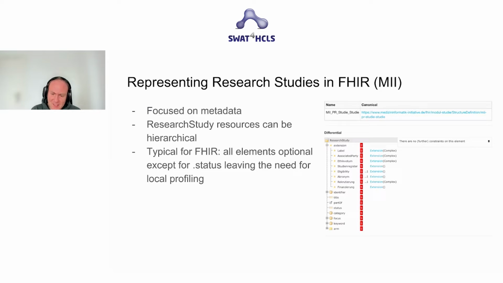Interestingly, and that is also a challenge that we have been seeing so far, in the core FHIR model every element except the status of a research study is optional. So there is an inherent need to specify on a local project level what is mandatory for your concrete implementation, because otherwise you will see quite a lot of diversity in the data.